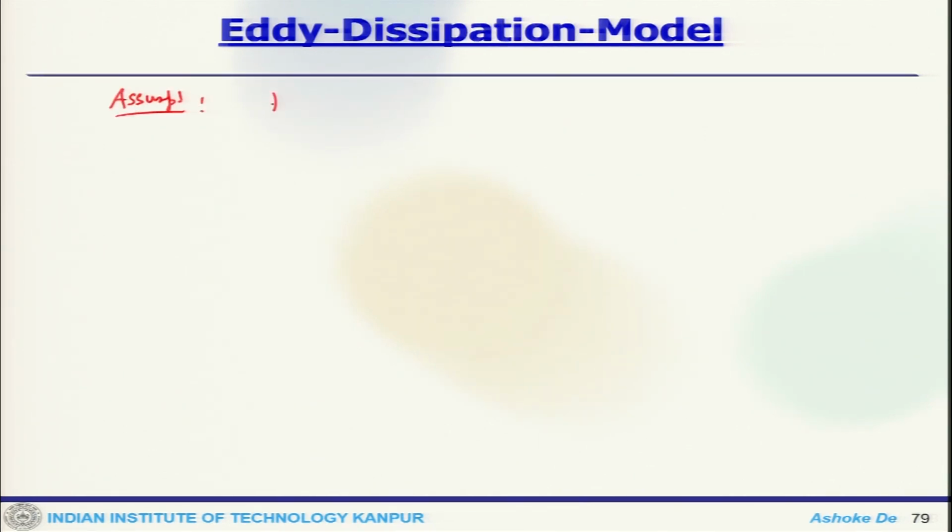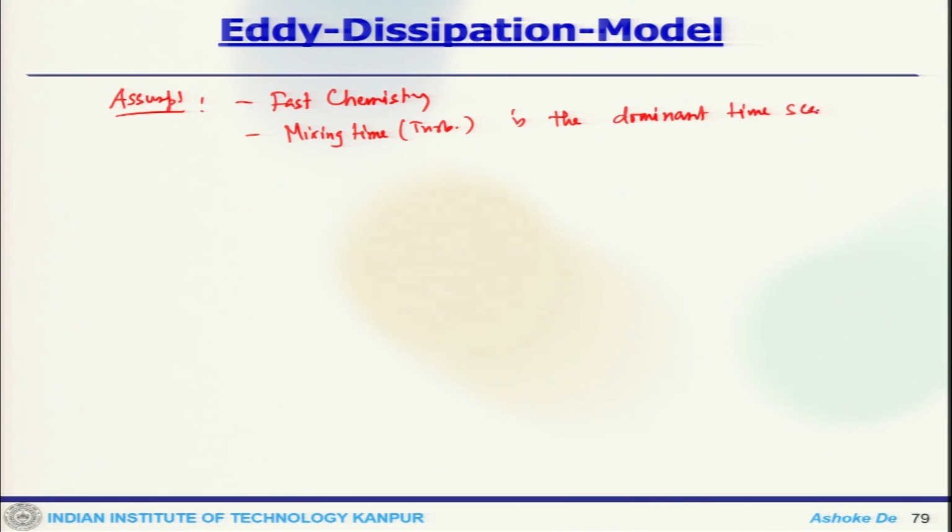One of the assumptions is also fast chemistry, that is very fast chemistry, and the mixing time, which is turbulent. Obviously, the turbulent mixing time is the dominant time scale there. Which means that omega_i is of the order of tau to the power minus 1, which is epsilon by k.